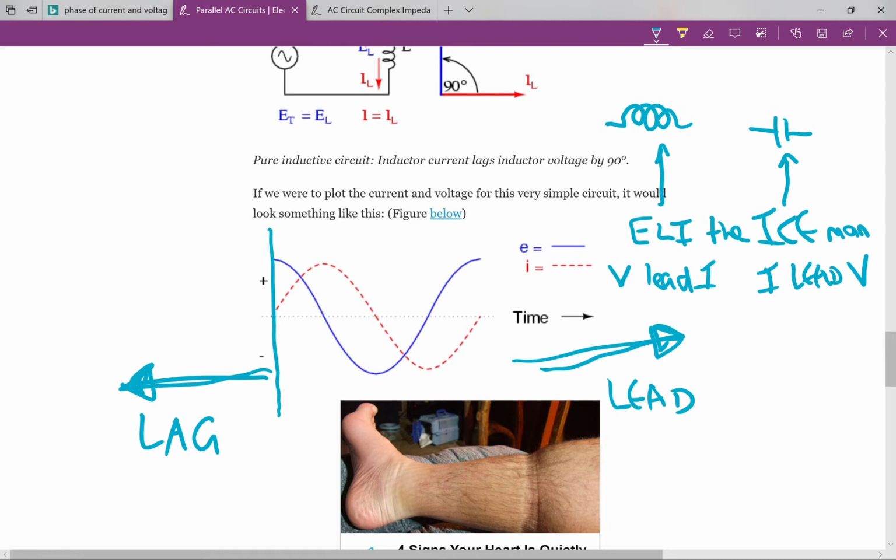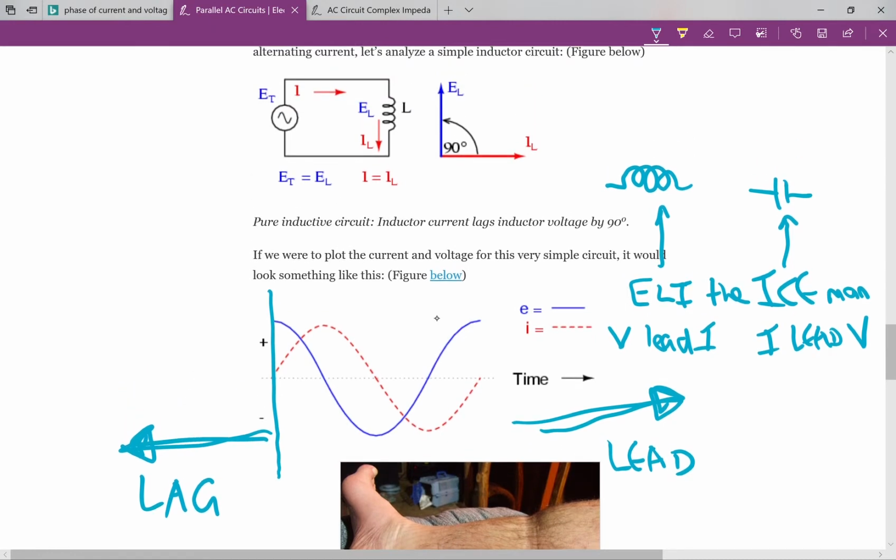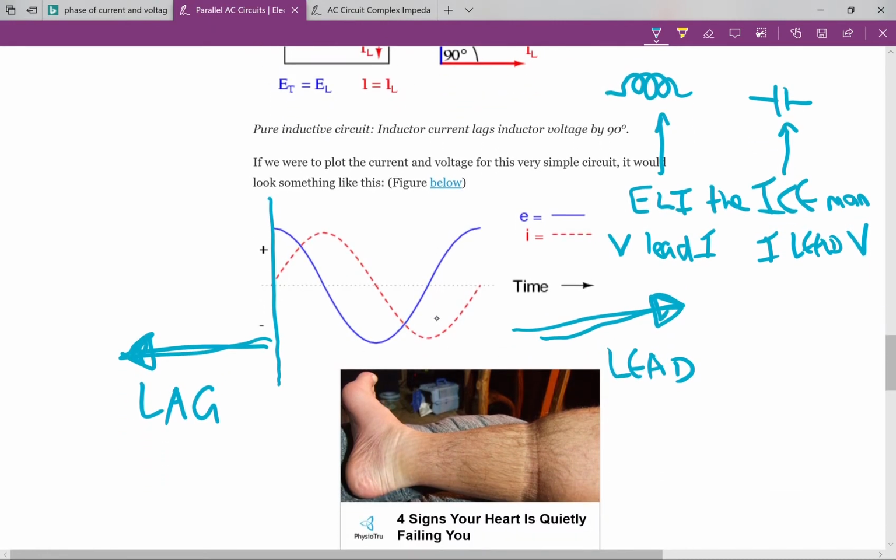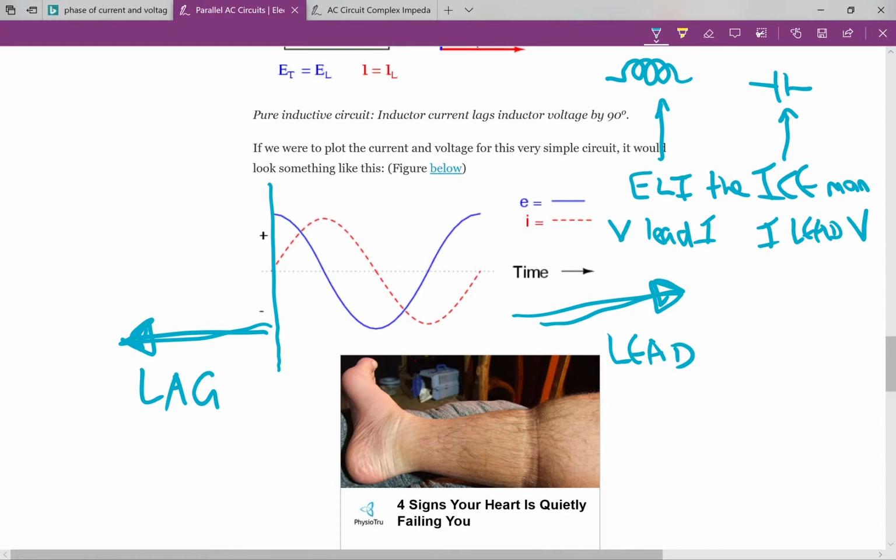Well, this is a nice little picture of an inductive series circuit, purely inductive, no resistor. So all you have to do is find two peaks. We could use these two peaks, but what we're going to do is use these two peaks here. And all you need to do is draw a dot on each of the peaks and draw an arrow leading to the right.